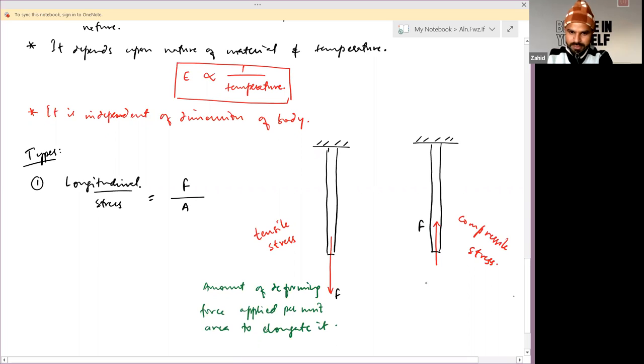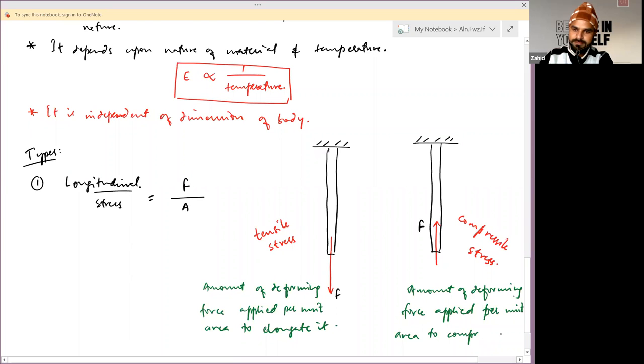And for compressive, it is the amount of deforming force applied per unit area to compress it. Is it clear?